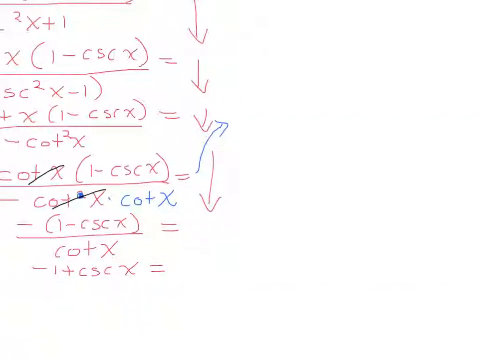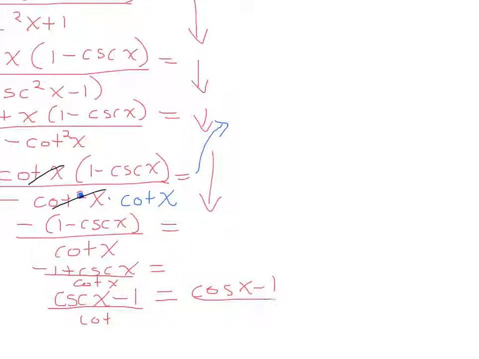So this is the same thing as cosecant of x minus 1, that's what you have on the right, and this is over cotangent. Is the same thing as cosecant of x minus 1 over cotangent. And so the left side is equal to the right side. Okay. So that's the identity.